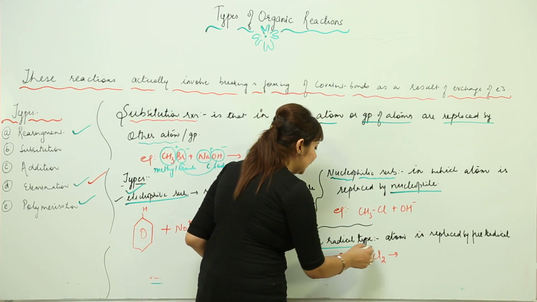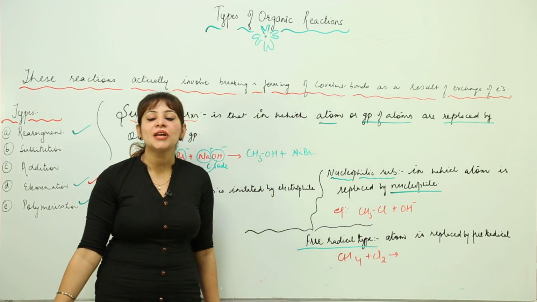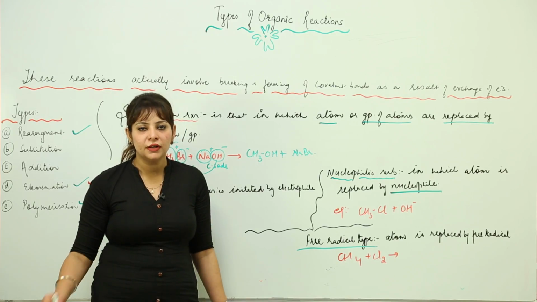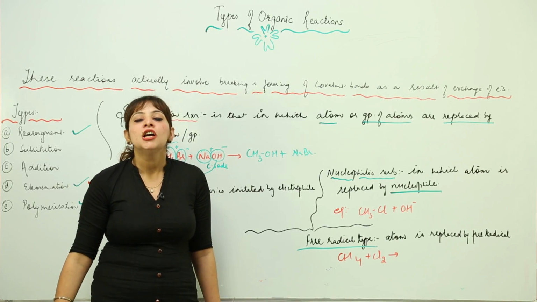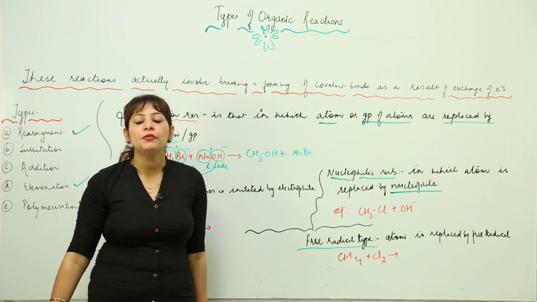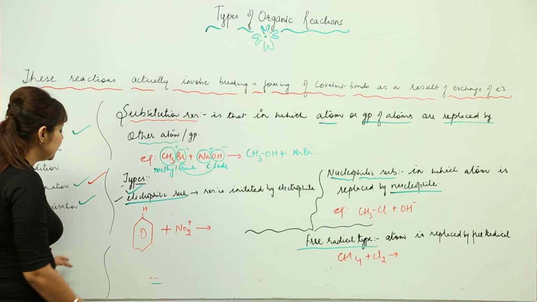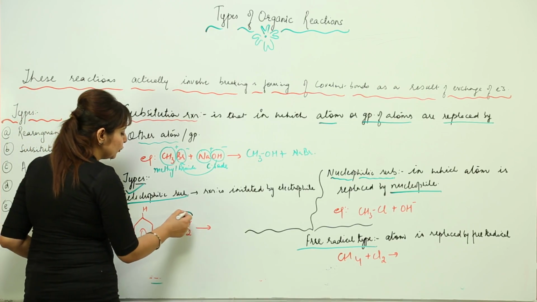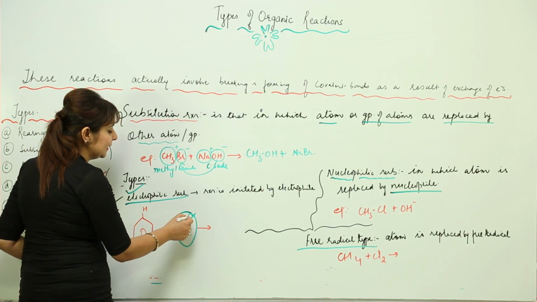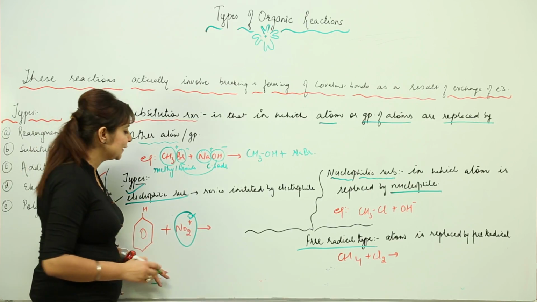And if it is a free radical, we know that a free radical carries an unpaired electron on it, right? So if it is replaced by a free radical, it is free radical substitution. So just look at the example. Suppose I have a benzene here, I have an electrophile, say the nitronium ion, as I can see the positive charge, so obviously it is a nitronium ion.